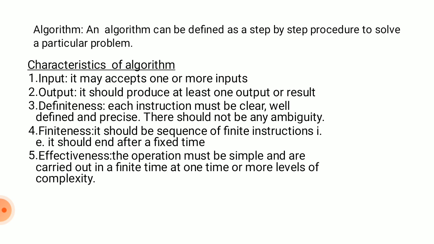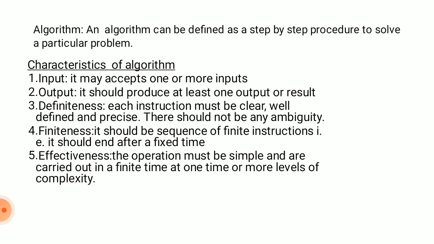Output. Output means to display some data on screen, or it should produce at least one output or a result. When you give instructions to the computer, it has to process whatever instruction you give.